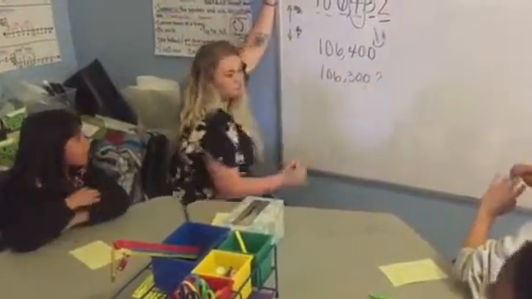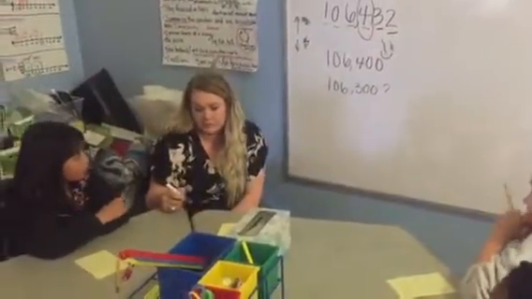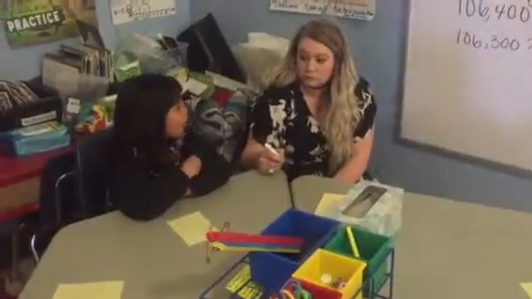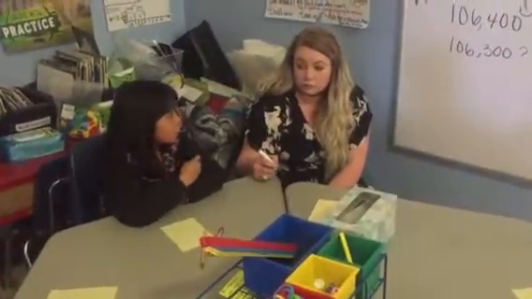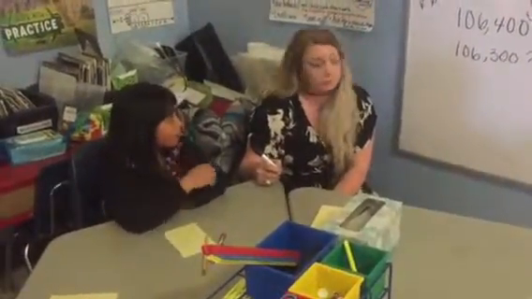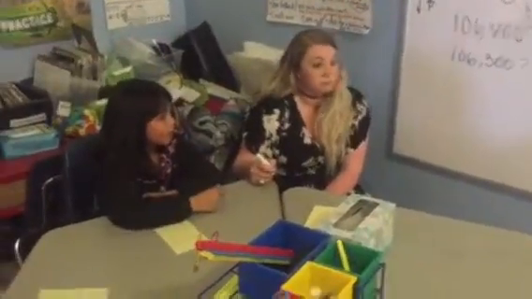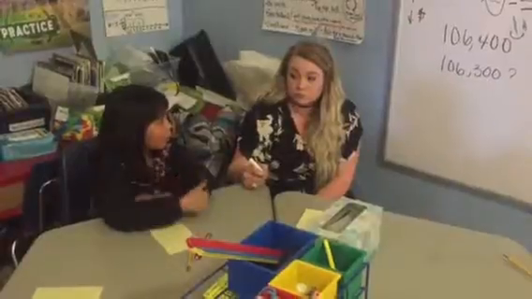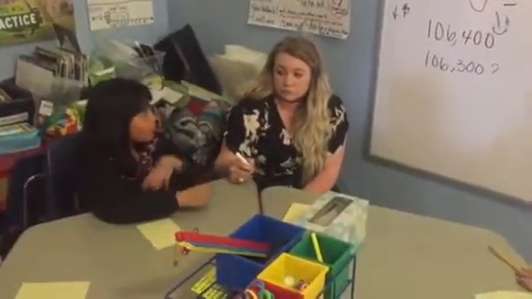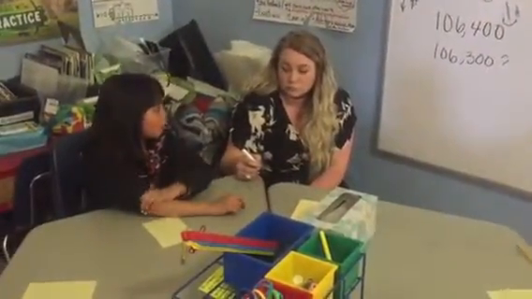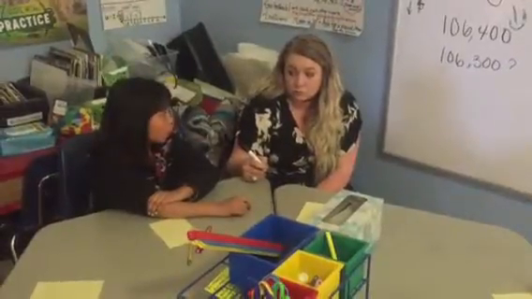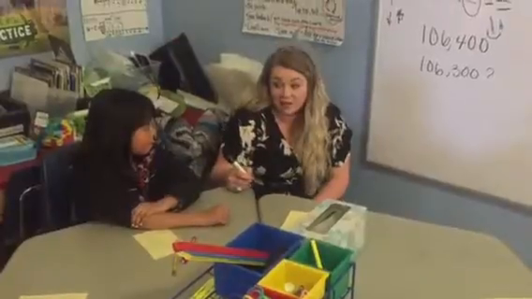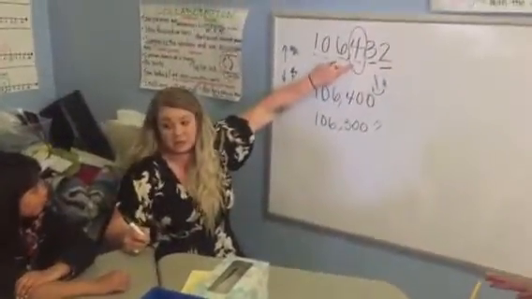Like we said, if you want to push it down low, that place should be going lower. And she said 400 because the two numbers are going to zeros instead of the 4 going down to 3. Good. So when we need to round to the nearest hundred, pay attention to our hundreds place.